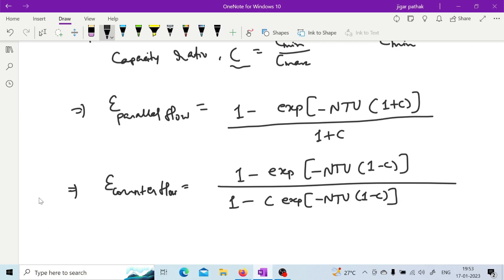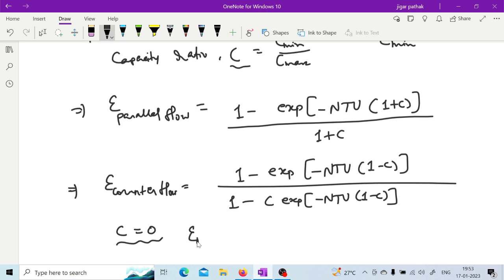Now some special cases, as we have discussed, like boiler or condenser, in which C will be equal to 0 because your C max will be infinite. C max is a heat capacity, and heat capacity is infinite in case of boiler or condenser, right? So for that C will be 0.